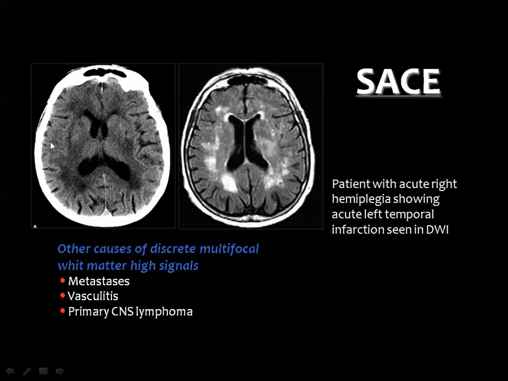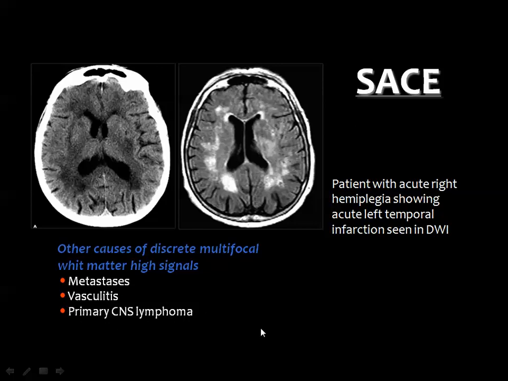There are diffuse changes in the white matter, hypodense in the CT, high signal in the FLAIR weighted images. And of course, these changes can be included in the differential diagnosis of brain metastases. And metastases will enhance, and there should be a history of primary malignancy, vasculitis, and the primary CNS lymphoma.